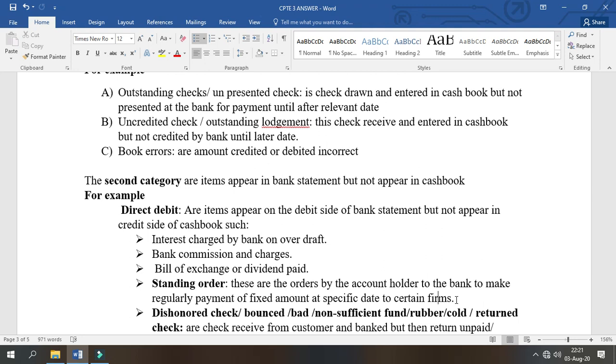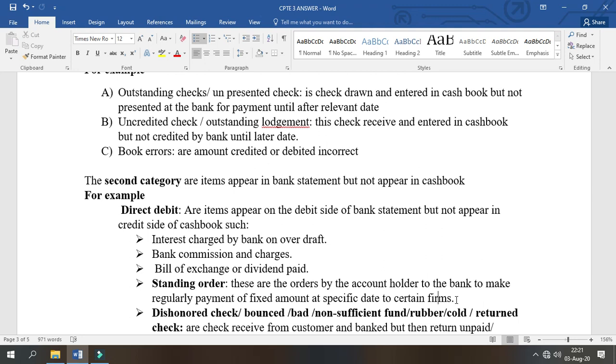Another example of a direct debit is a dishonored check. So, dear friends, dear viewers, I want us to get some knowledge and skills very clearly about the dishonored check. A dishonored check is also called a bounced check, a bad check, a non-sufficient funds check, a rubber check, a cold check, a returned check, or a hot check.